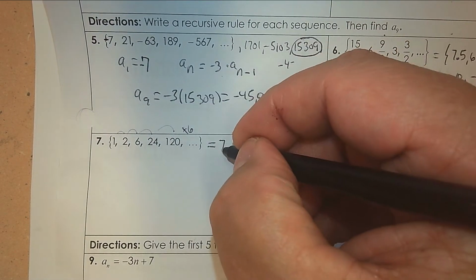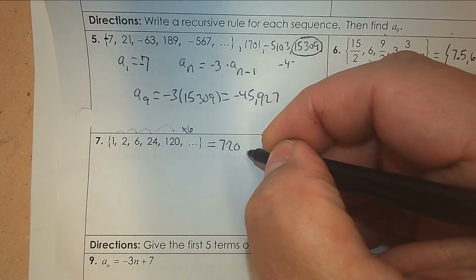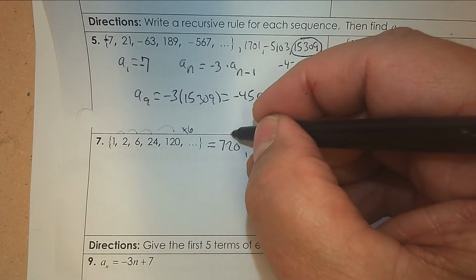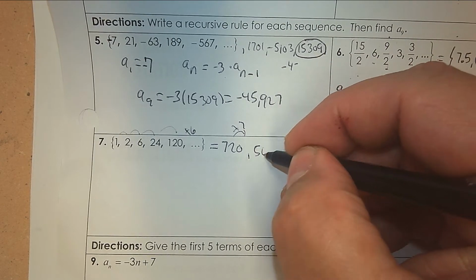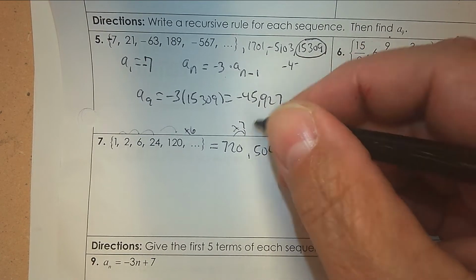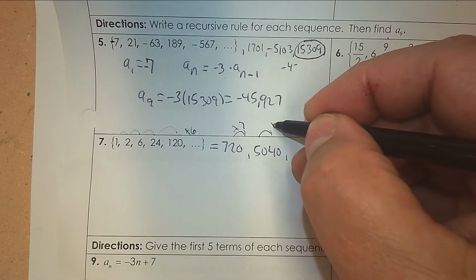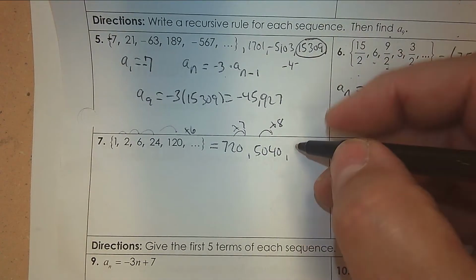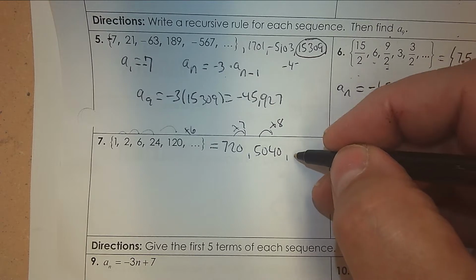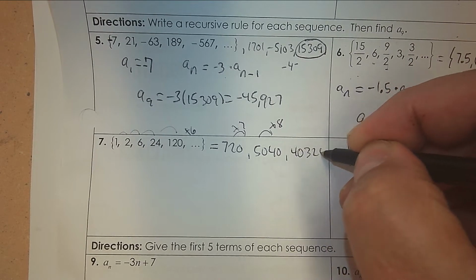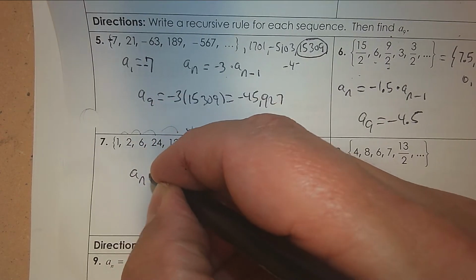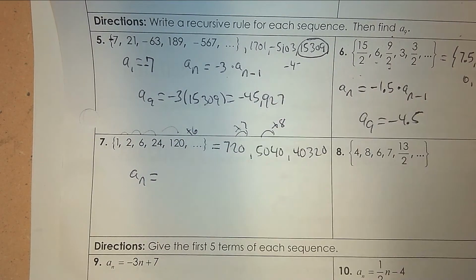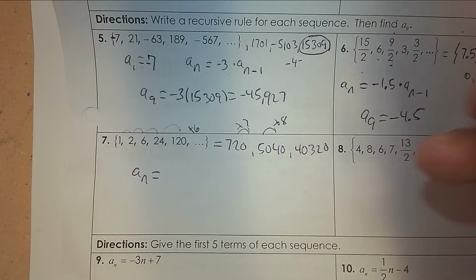and you get 720. Then I'm going to go times 7, and you get 5,040. Then times 8, and you get 40,320. And so the recursive formula is you multiply times whatever that term number is.